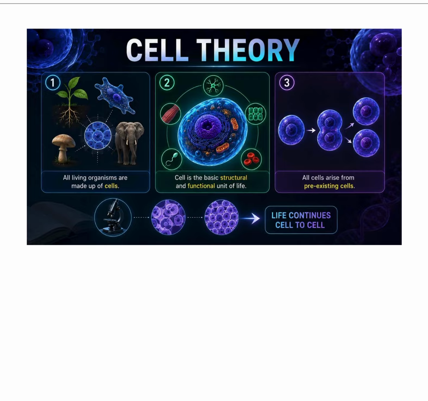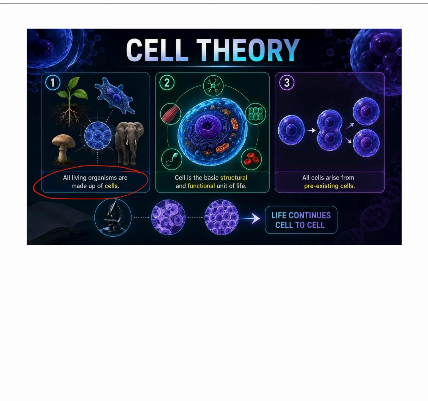Who has given it? Two German scientists. Can anyone tell me the names? Yes. One of them is Matthias Schleiden. He was a German botanist. Another was Theodor Schwann, a German zoologist. What have they said? They said all living organisms are made up of cells.